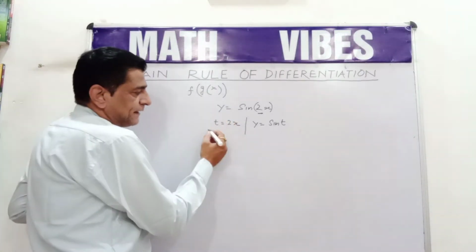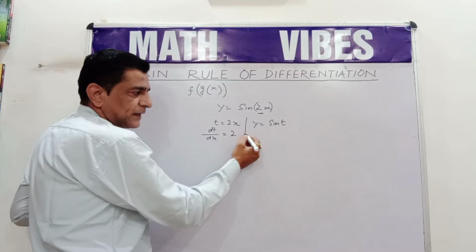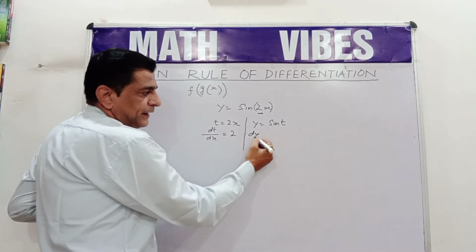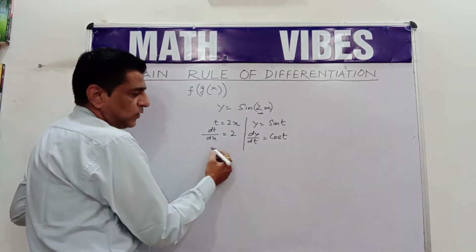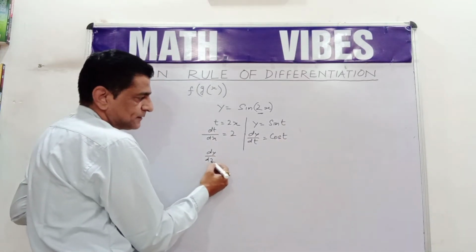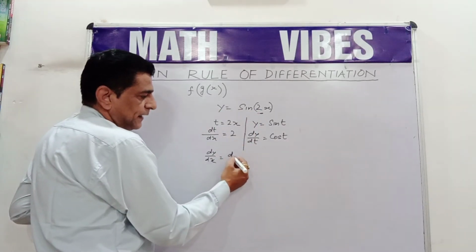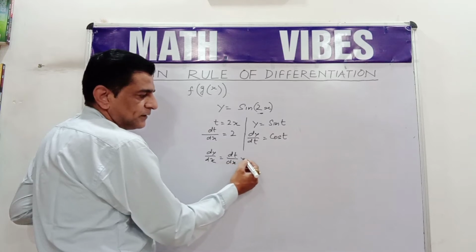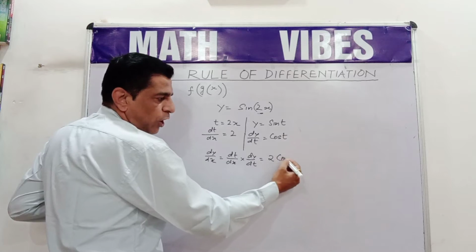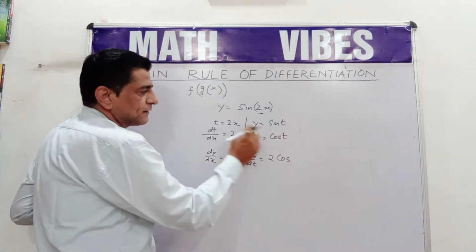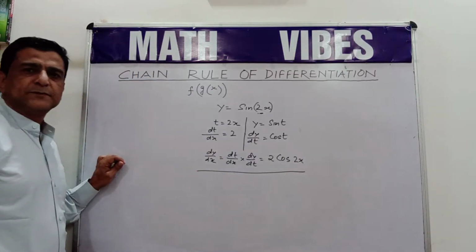Now we differentiate t with respect to x, that will be dt by dx, which gives 2. dy by dt is cos t. Now to get dy by dx, the derivative of y with respect to x, we multiply dt by dx with dy by dt, and the answer will be 2 cos t, and in place of t we place the value of t, that is 2x. So the answer is 2 cos 2x.